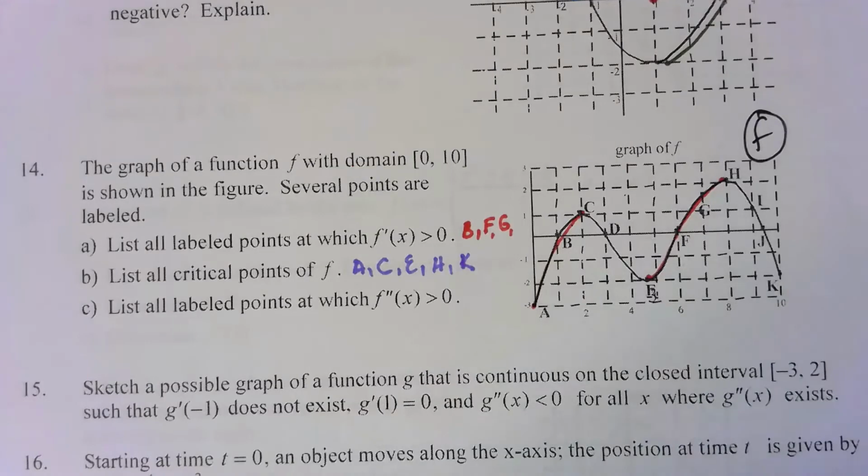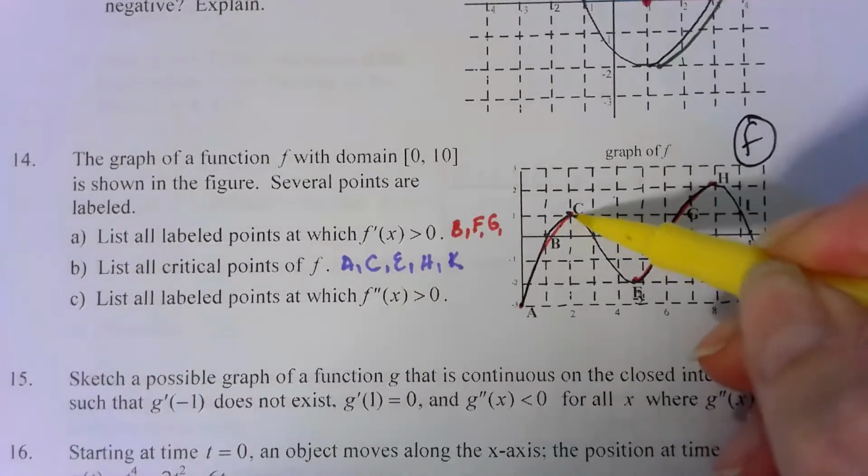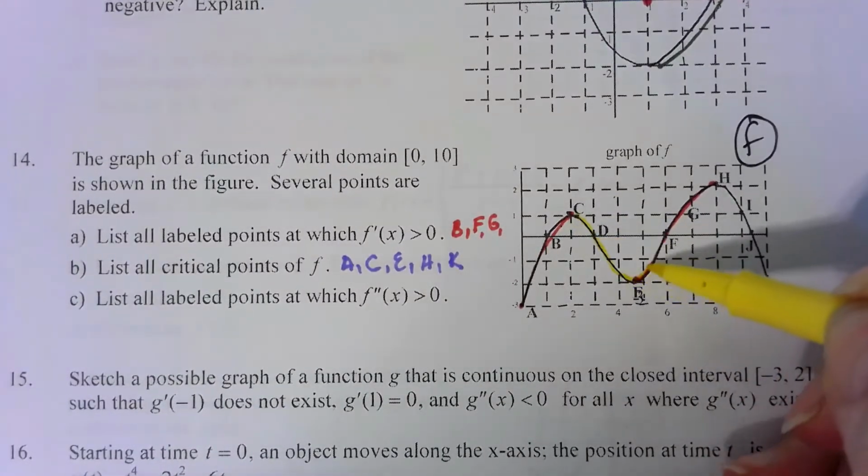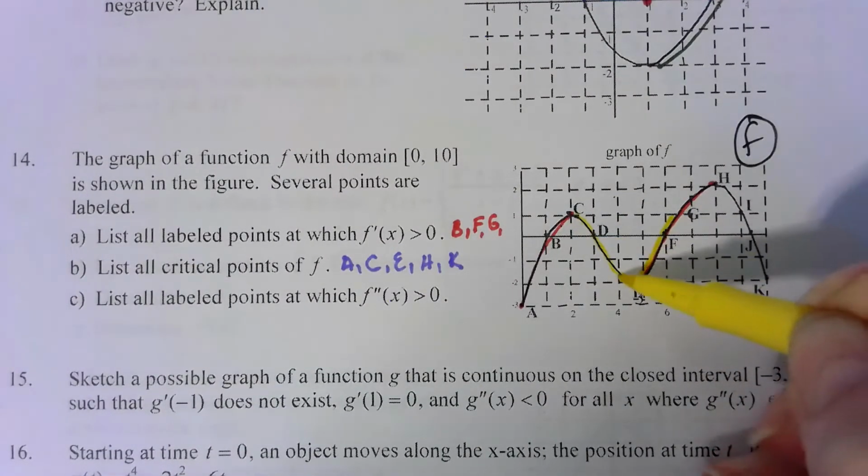And in part C, they want you to list all the labeled points at which the second derivative is positive. Well, the second derivative is going to be positive where our graph is concave up. I don't know how this is going to work, a yellow marker, but this graph here is concave up, like in this region here.